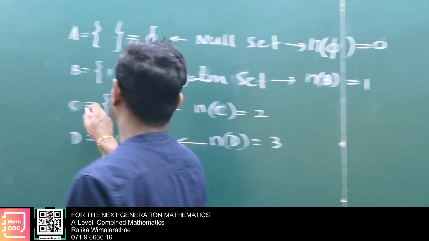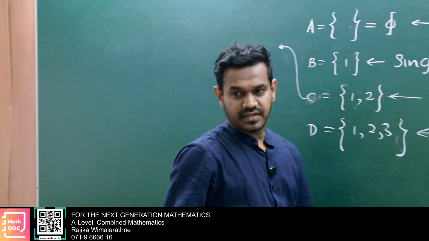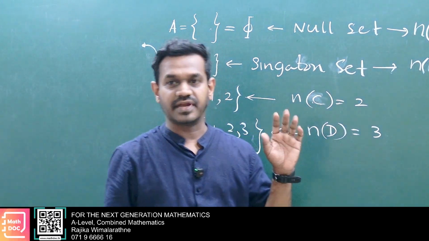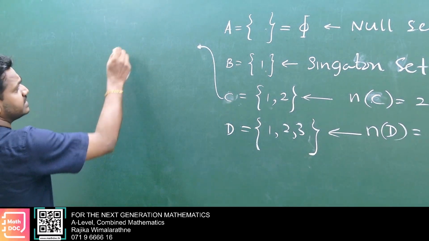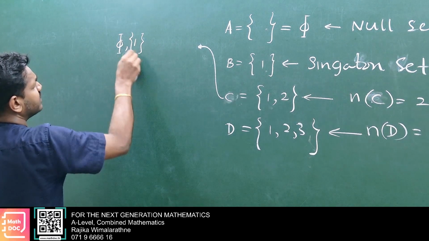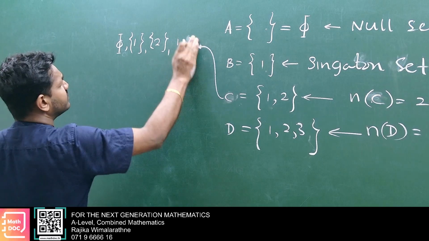When you consider this set, we can further break it into subsets, no? So consider all subsets: null set, 1, 2, 1 and 2.